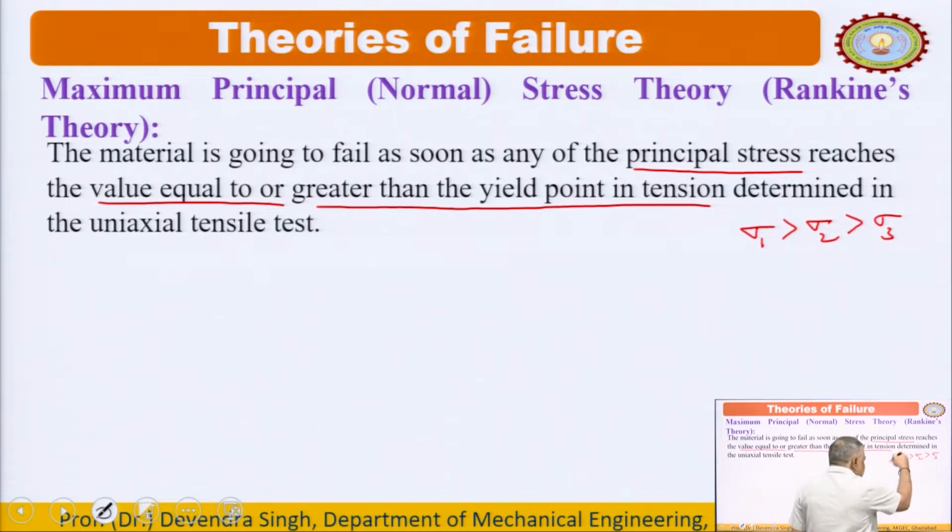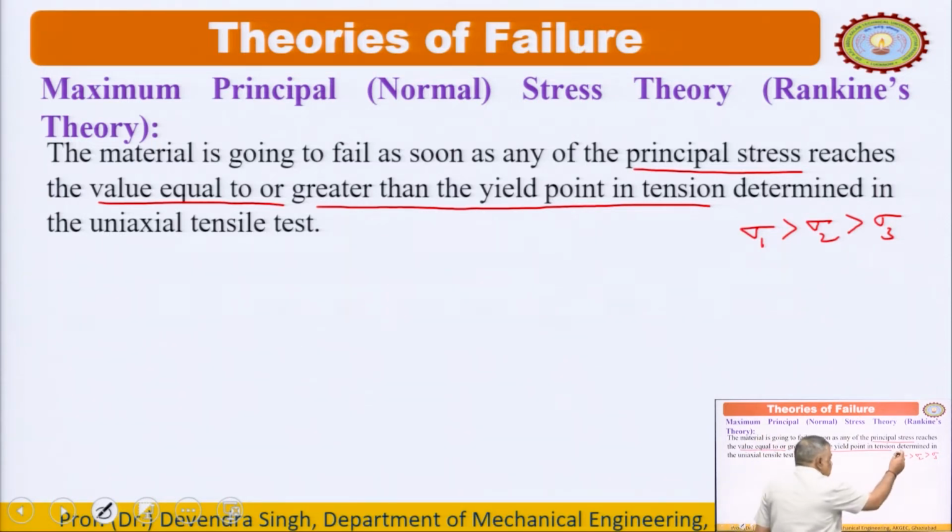If sigma 1 is the largest, sigma 3 is the smallest, and sigma 3 is equal to SYT, then our design is going to fail. We have to change the design, change the material, or design the dimensions accordingly to make our design successful.